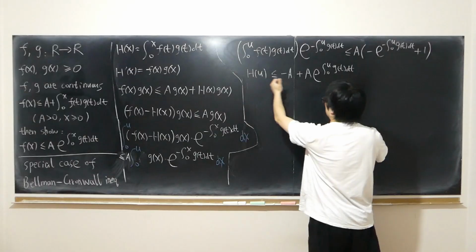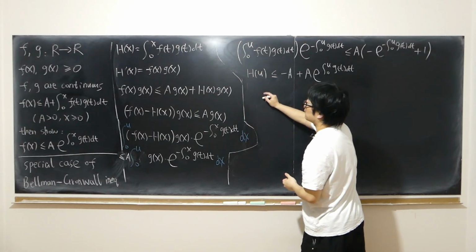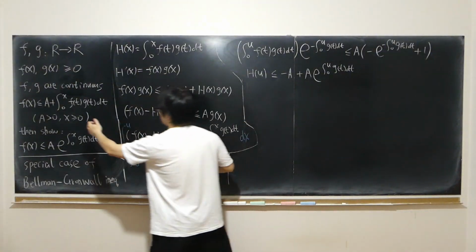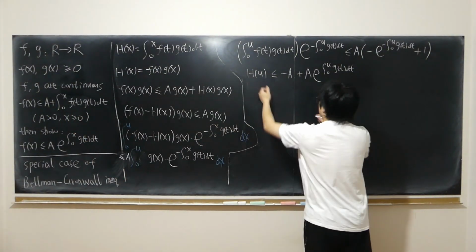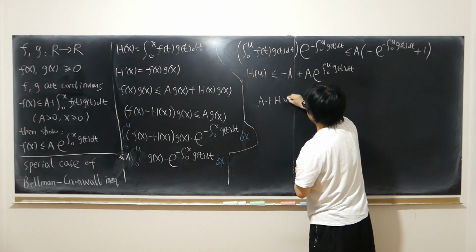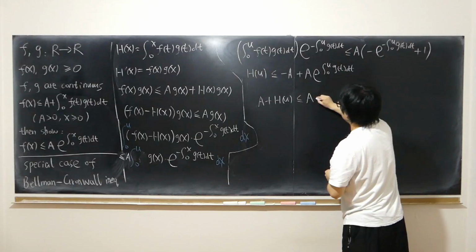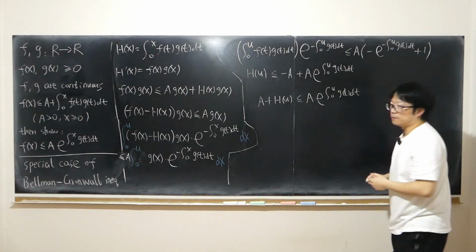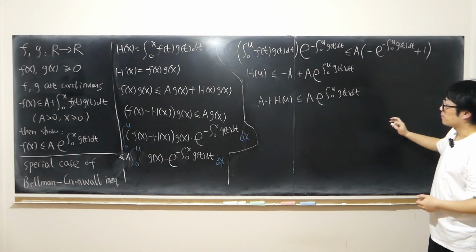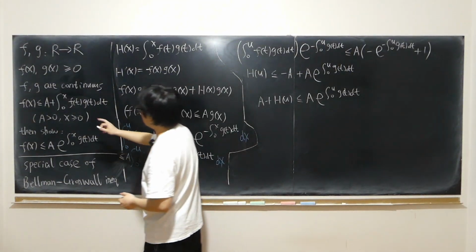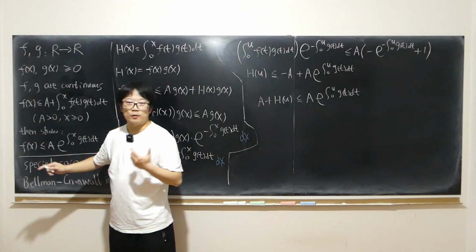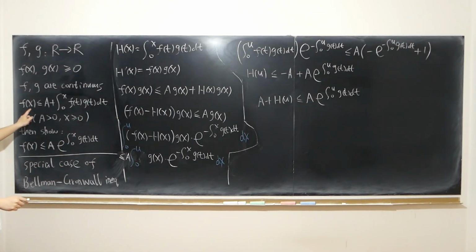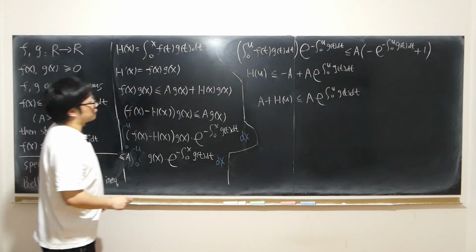Now here I just move this a over there, because I think I'm pretty close to the desired result. So a plus h of u is less than a times e to the integral from 0 to u of g of t dt. And my given condition is that if you simply replace x with u, f of u is less than a plus the integral from 0 to u, a plus h of u.